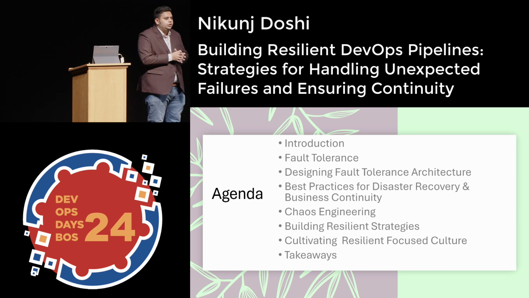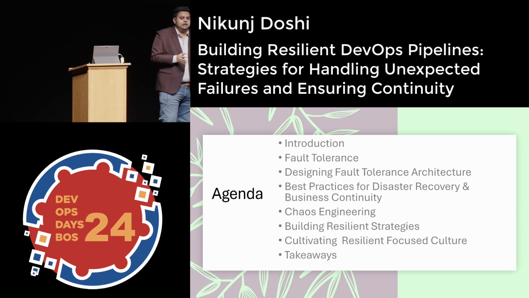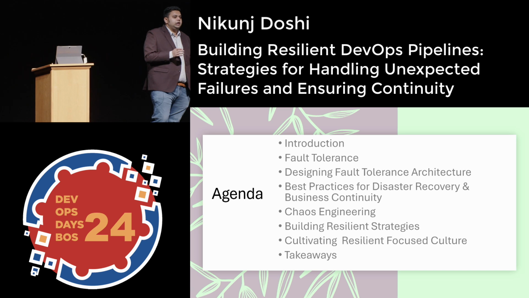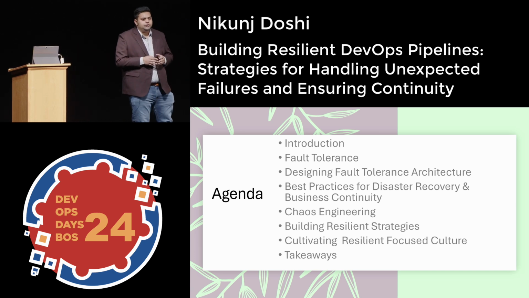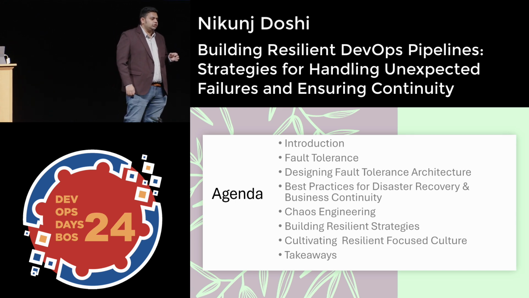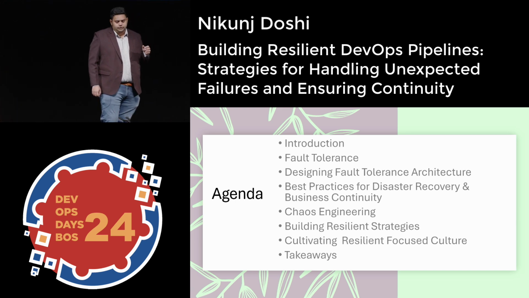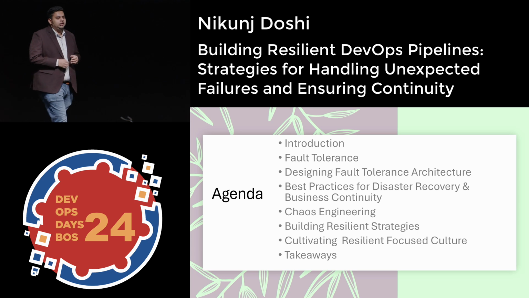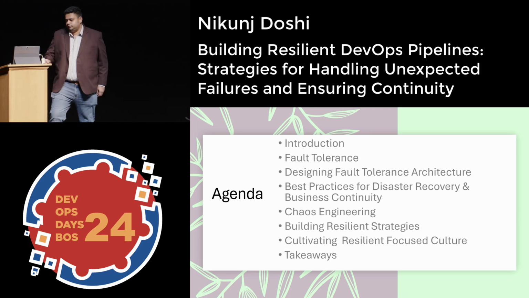I'll be talking in detail about what exactly fault tolerance is, and if you are a DevOps engineer, what are the ways you can design resilient pipelines, how to deal with the disaster recovery and business continuity process. And lastly, I will also emphasize chaos engineering, what the different practices are, and give takeaways at the last moment.